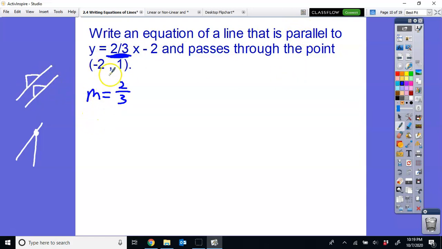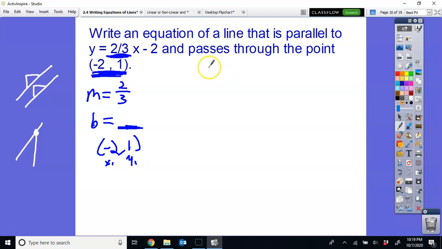So now I have a point that it passes through and a slope. In other words, I don't have the b, I have the point, the x1 and y1. Now, if you couldn't get to this point earlier, maybe you can pause the video here and try it.